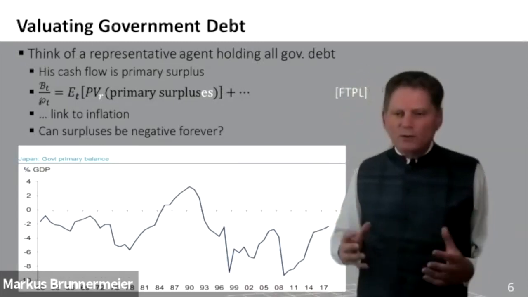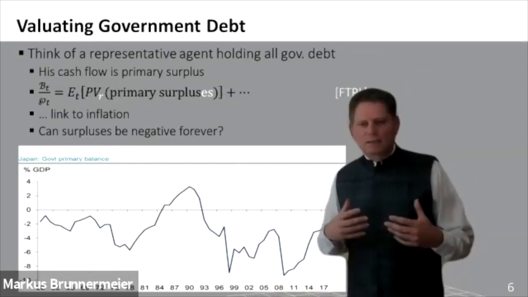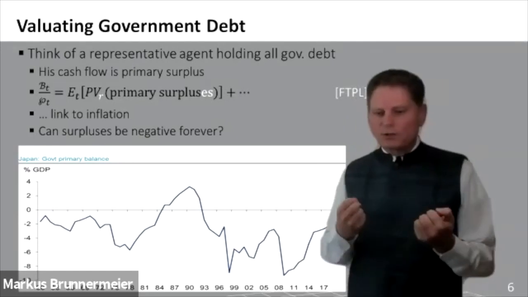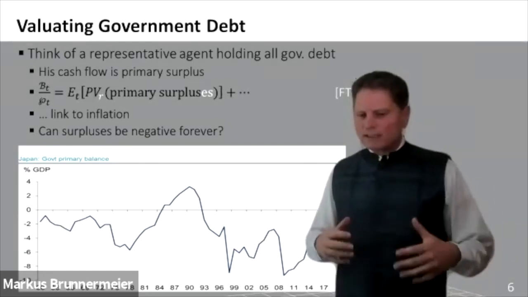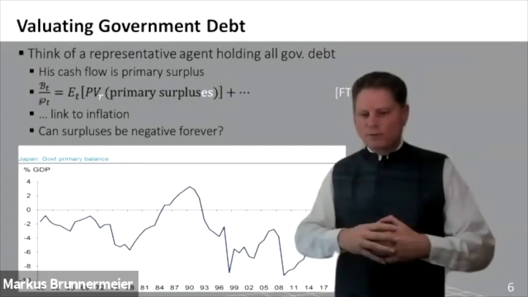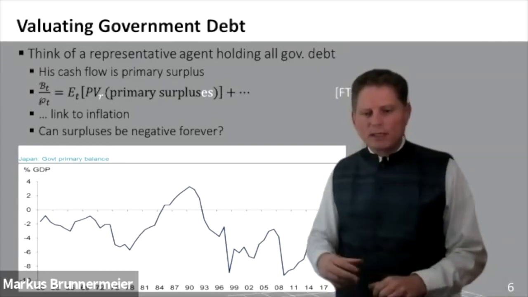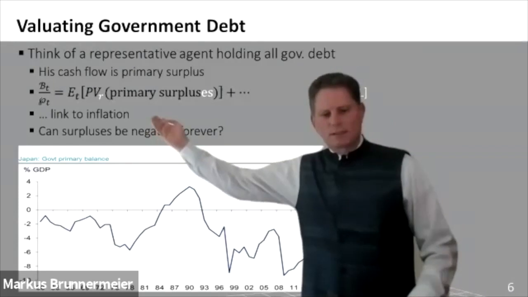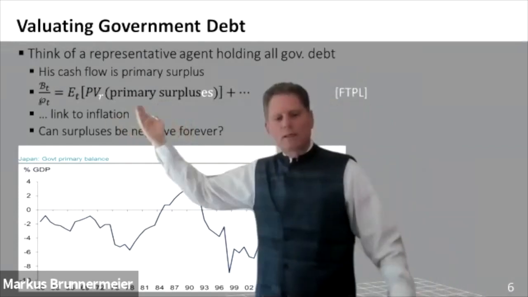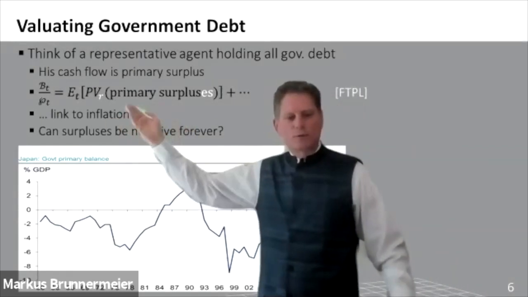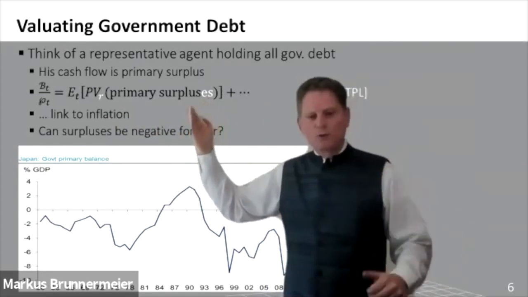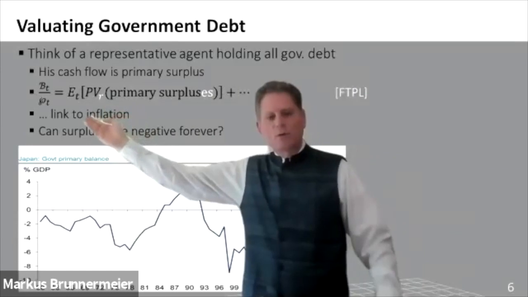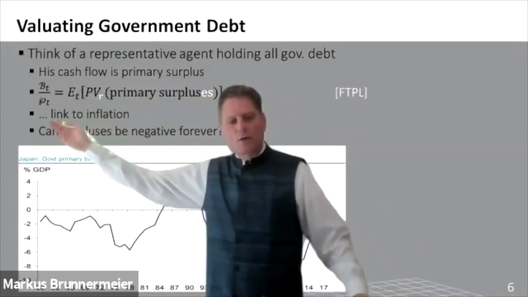So how do you value the government bonds? Think of a representative agent, for example, one agent who buys these government bonds. What does he get as cash flows? If he holds all the bonds in the economy, he gets the primary surpluses. Whatever the government pays in terms of primary surpluses, meaning it pays back more than it issues in new bonds, the present value of that is the real value of the government bonds.